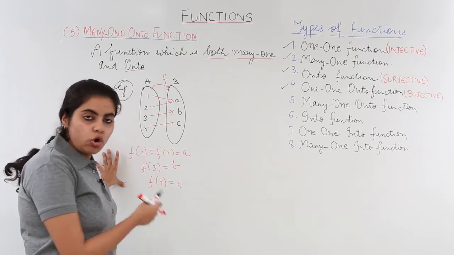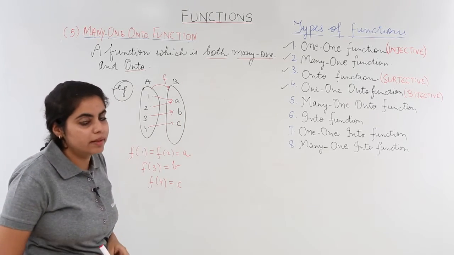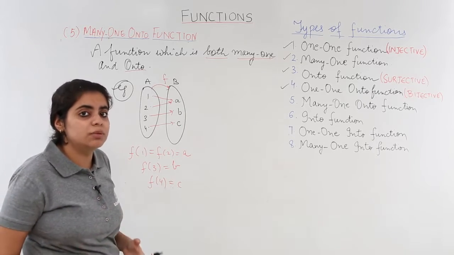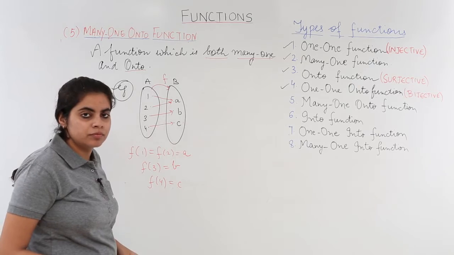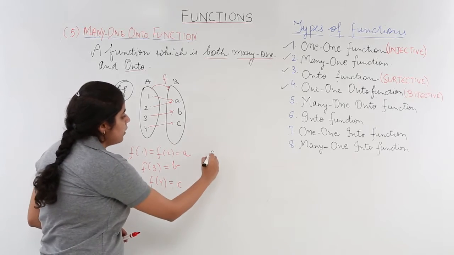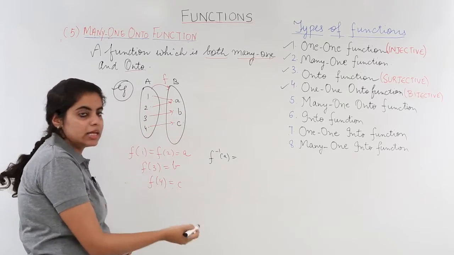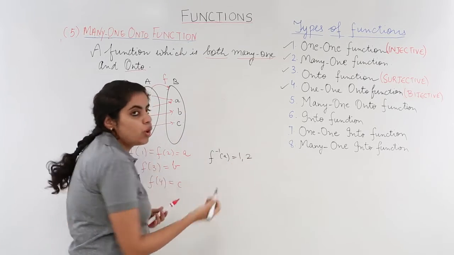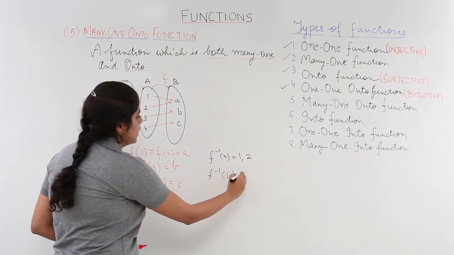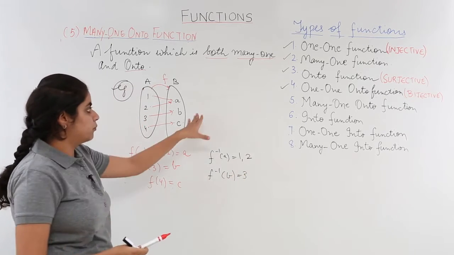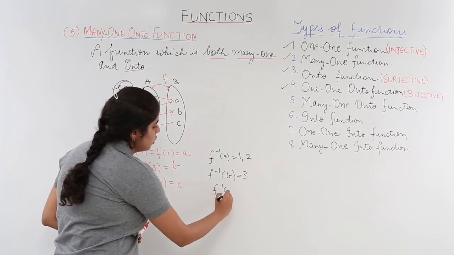Now, is this onto? I see that 3 elements of B are there and all the 3 elements of B have one or the other pre-image. As you see here, what is the F inverse of A? It is 1 and 2 both. What is the F inverse of B? It is 3. B and 3 are related. What is the F inverse of C?